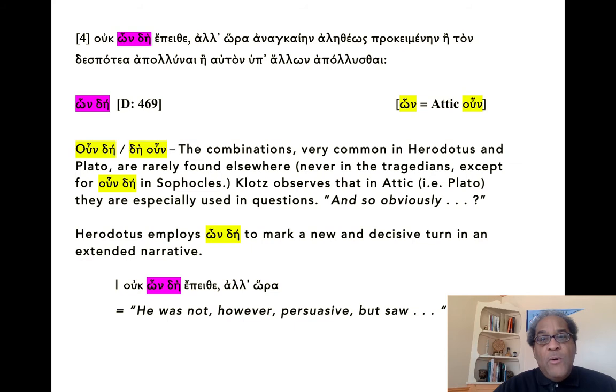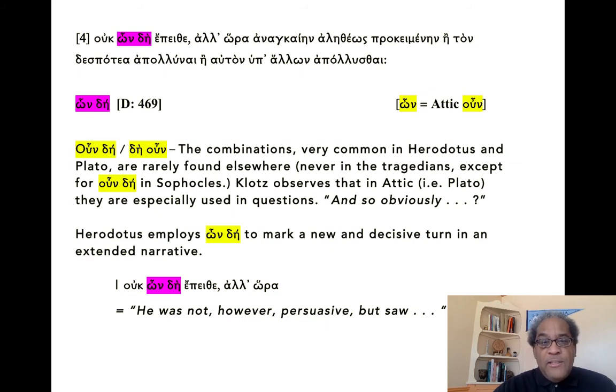Okay, so the next is the oun de in sentence 4 of this section, and note that the omega nu, ōn, equals what you'd see in Attic as oun. So Denniston tells us, page 469, that oun de or de oun, the combinations, very common in Herodotus and Plato, are rarely found elsewhere.